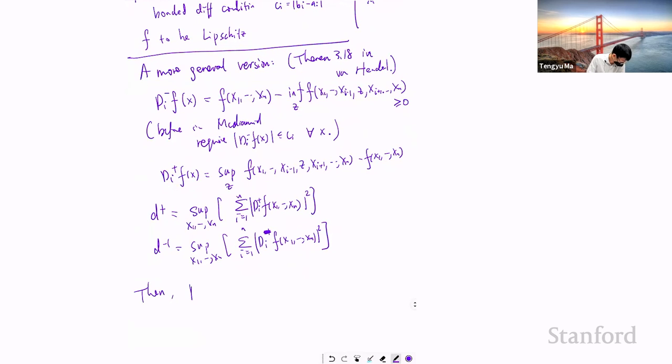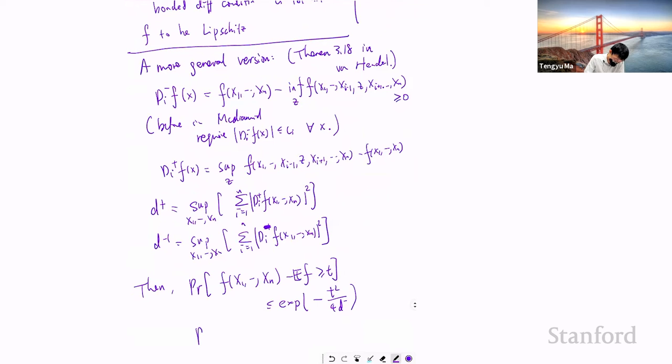You get that the probability that f(x1, up to xn) minus the expectation of f is larger than t is less than exponential of minus t squared over 4 d minus. You have a slightly different bound for the upper side and lower side, which is probably not important in many cases, but for the sake of completeness, let's write both of them.